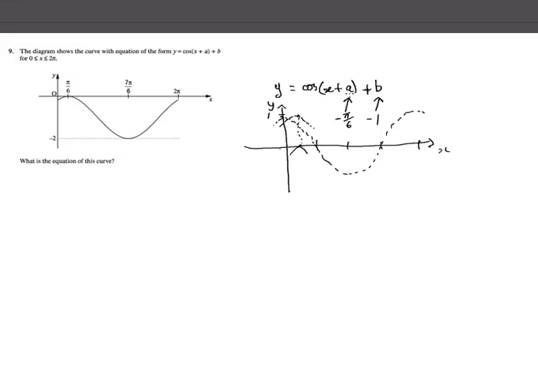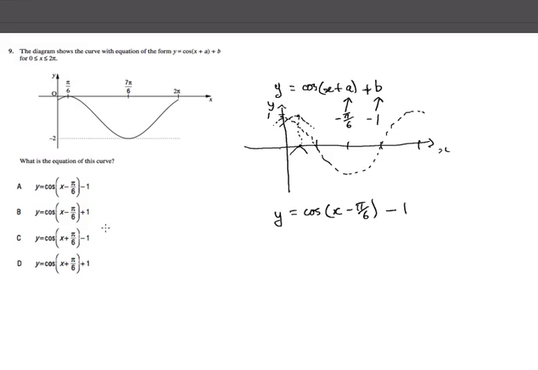Let's just write that out. Subtracted pi upon 6 from the angle. That's the shift to the right. And subtracted 1. That moves the whole graph down 1. So when it says, what is the equation of this curve? There it is. And let's just check the choices that we've got. I think that's choice A.